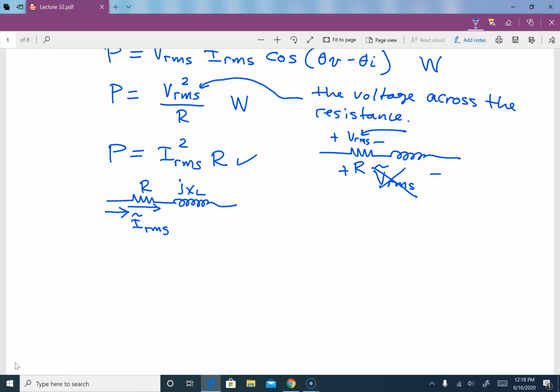So we can use this to get our average power, because that current is flowing through the resistance and the reactance, so it is the same current. So we can use the current squared times R, but we take only the magnitude of the phasor IRMS.